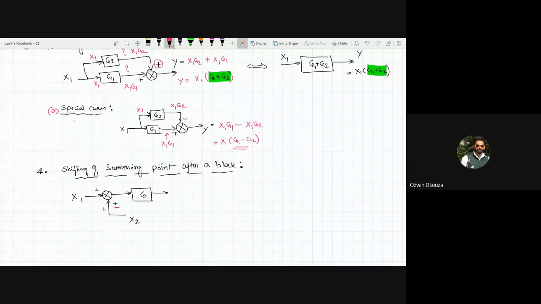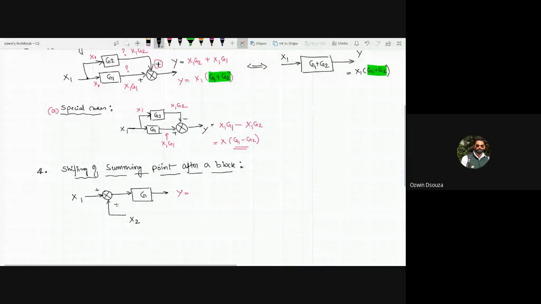Now this is your output. What is the output for this particular case? As you can see, X1 is given at the top side of the summer, and X2 is given at the bottom side of the summer, and this X2, or for that matter X1, can be additive or subtractive in nature. For simplicity, let us consider additive only.